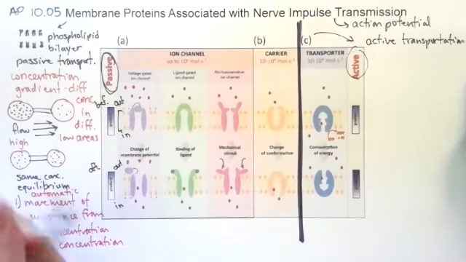Or we call this moving with the concentration gradient.